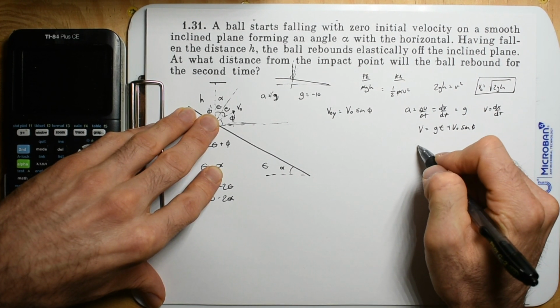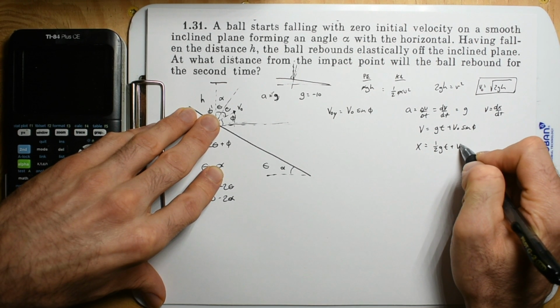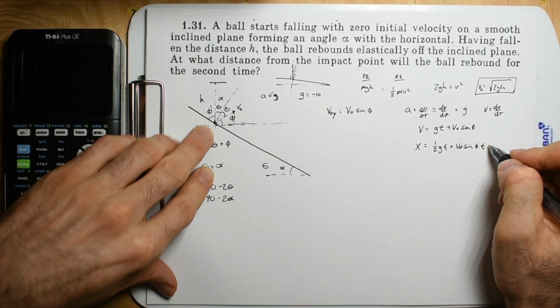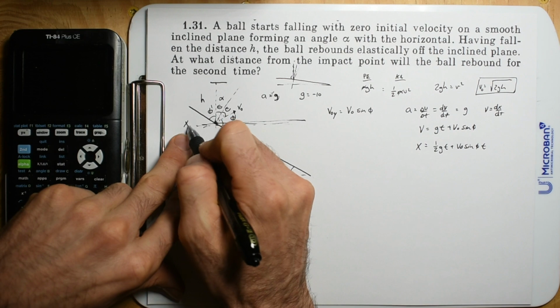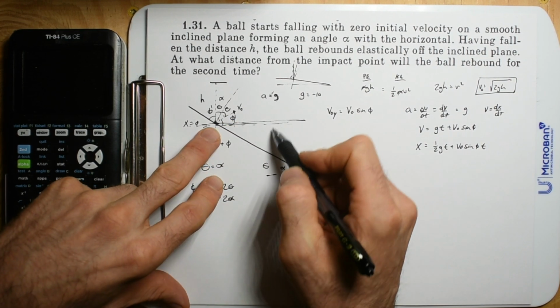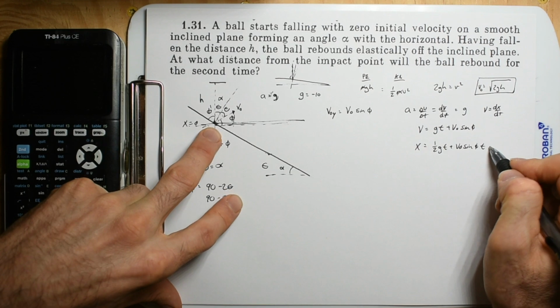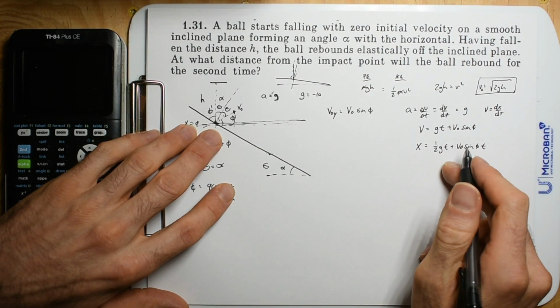Separate variables, and we get position is 1/2 g t squared plus v naught sine phi t, and then plus the initial position. We're just going to say that x is equal to 0, so the first bounce is going to be 0.